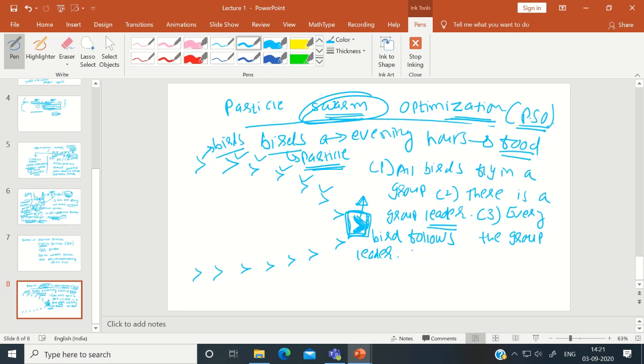So this third term, every bird follows the group leader. Now we will try to see it in terms of mathematics. It means every bird, suppose I take this bird and this bird, every bird will try to minimize the distance between its current position and the position of the group leader.